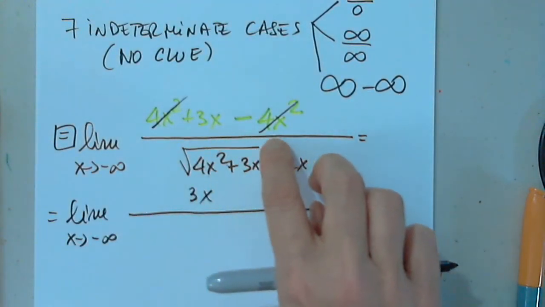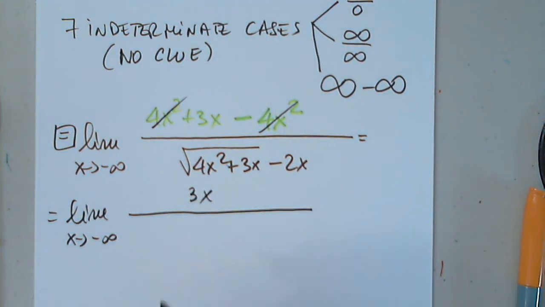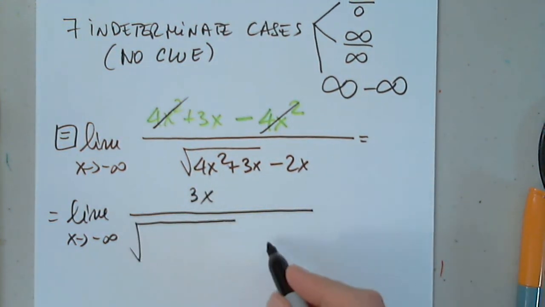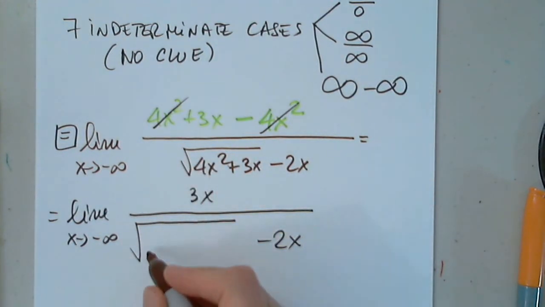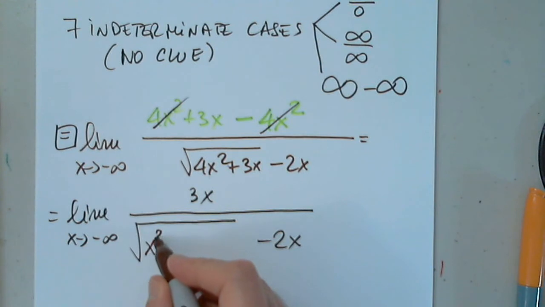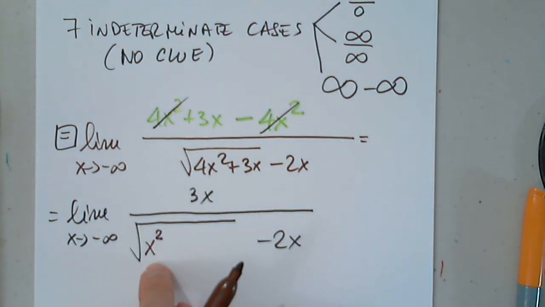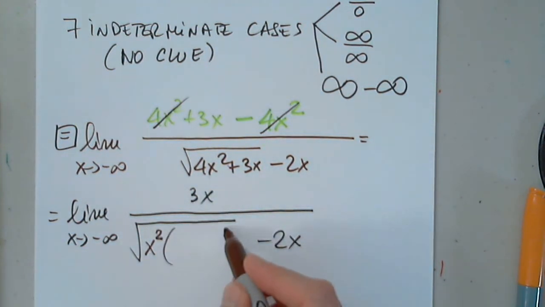So inside the square root, what do I factor out? We had a similar example last time. What did we factor? X squared. Inside the square root, the degree. What is left in parentheses?